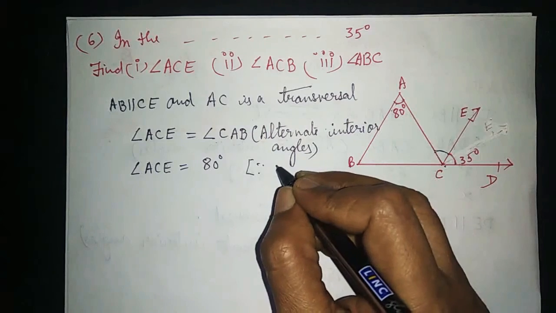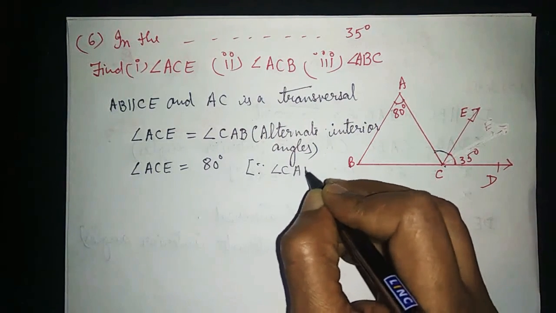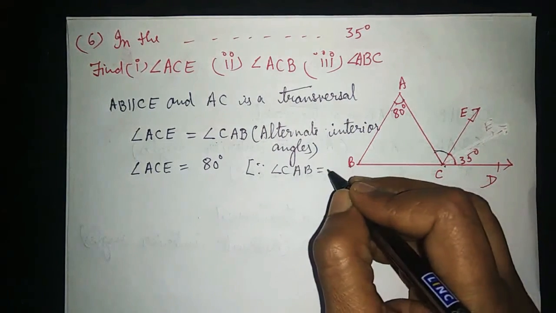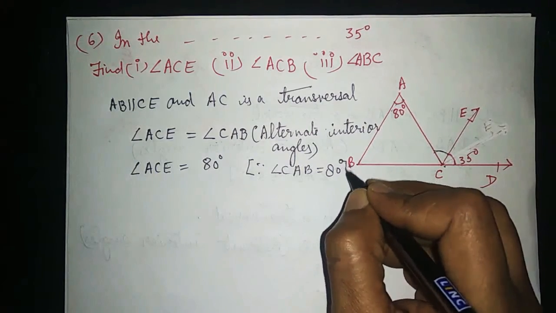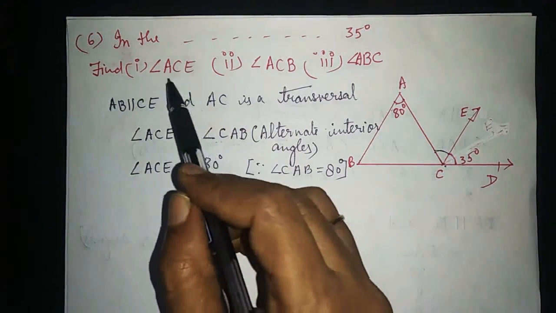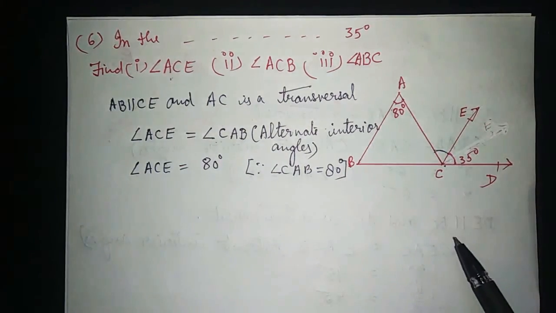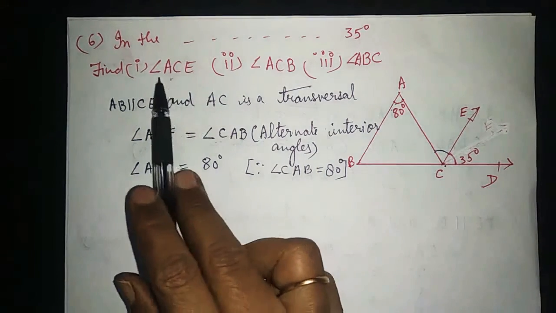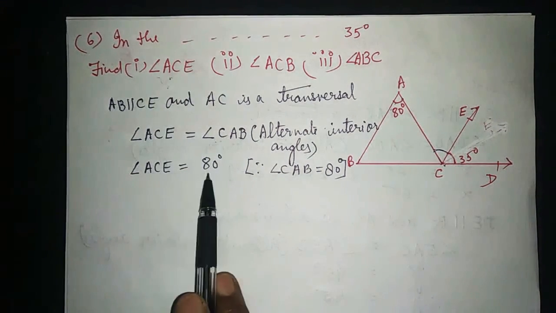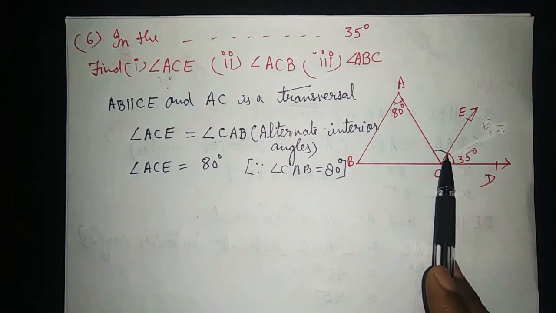Here we will write angle CAB is equal to 80 degrees. Now we have got the answer for the first part. Measure of angle ACE is equal to 80 degrees.